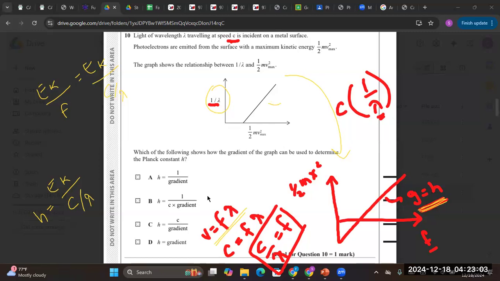Okay, now you can then find the equation for this graph, the gradient of this graph. If you have to find the gradient of this graph, then the gradient is going to be, once again, y over x. On the y, we have 1 upon lambda, and over here we have half mv square, or let's write it down as kinetic energy.